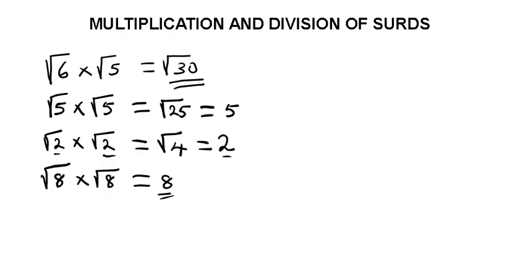So let's take the one that's a little bit complicated. We have 3 root 2 multiplied by 4 root 5.